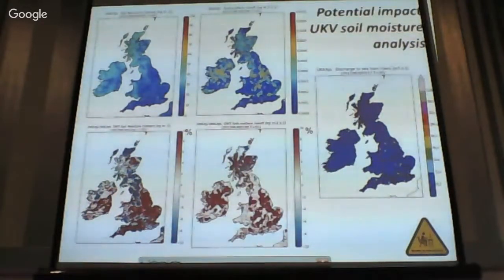This shows down the bottom the percentage differences, emphasising differences of plus or minus 10% from moving from a global reconfiguration to something that's doing the analysis on the UK grid. So again, there's scope for changes in the hydrology, but we need to pull this right through to improving the initialisation of our soil moisture.